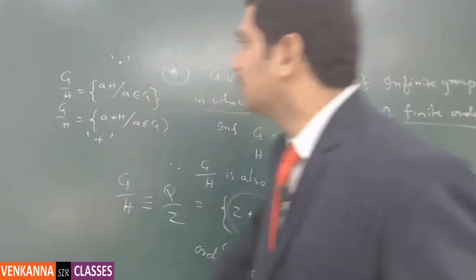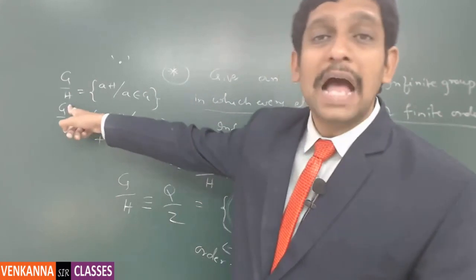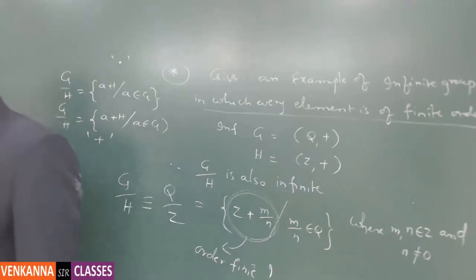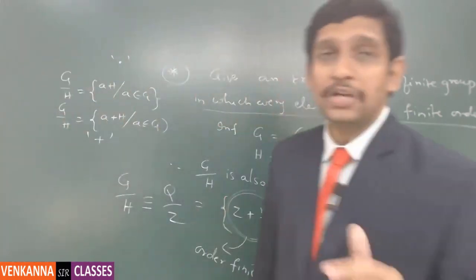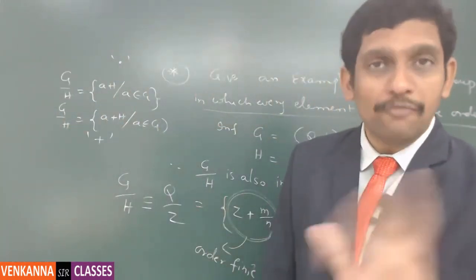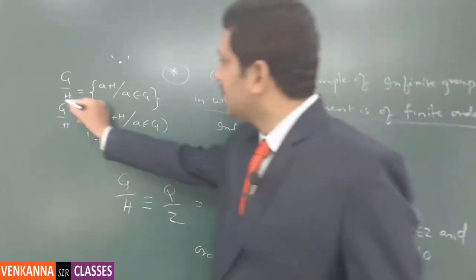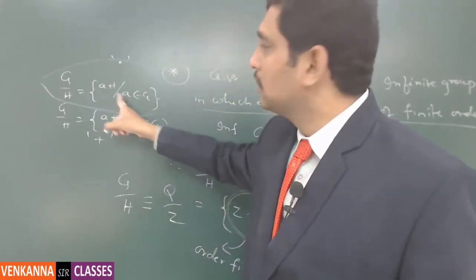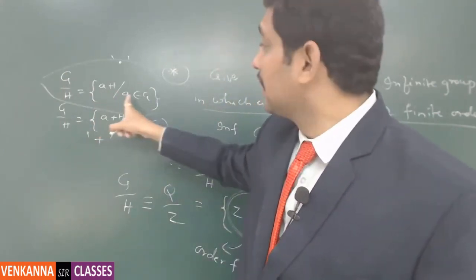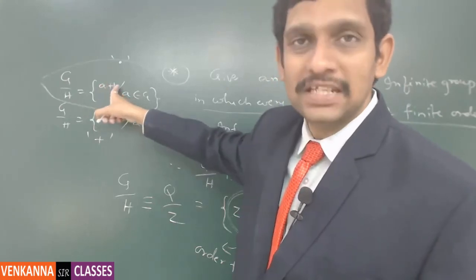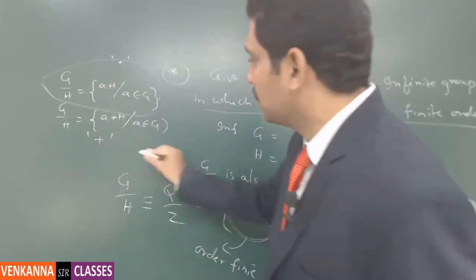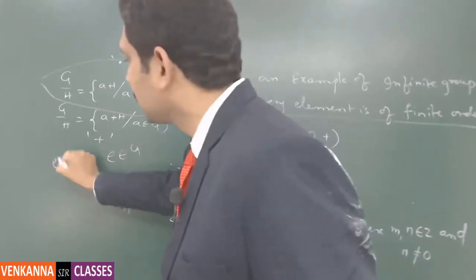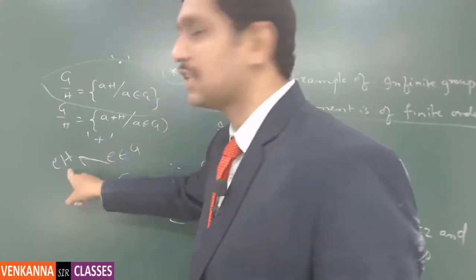Now, what is the identity element here in a quotient group? We need to understand that if you talk of multiplication, please check the pattern. If I take a here, the coset will be aH. If I take 1 here, 1H is the coset. So generally, if you take e belongs to G, eH is the corresponding coset.